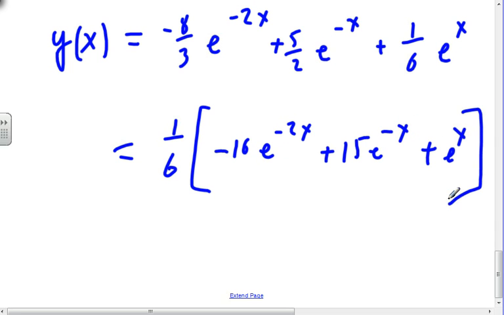Is that what the author's got? So this was 32. Not that we care what the grad student. Yeah, 1/6, 15 minus 16 e to the minus. Yeah. So that's exactly what he's got. He put it in the wrong order.